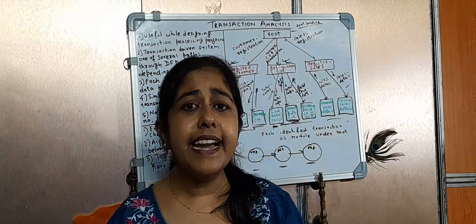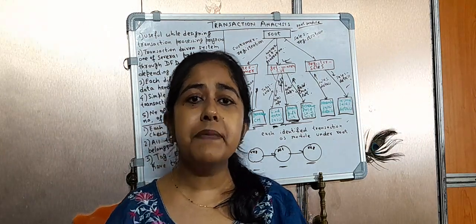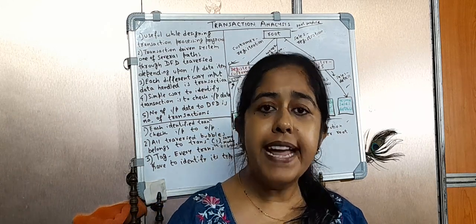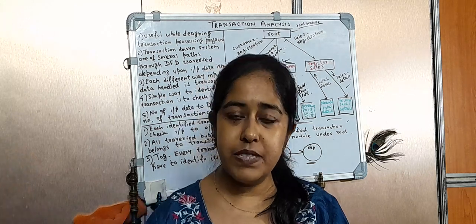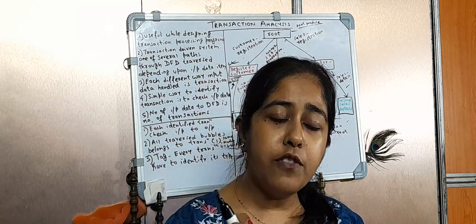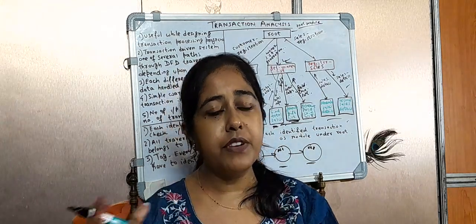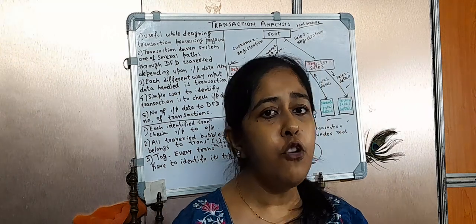In any kind of transaction processing system, you can first of all identify the inputs, and with that input data you can easily make your different transactions. But you have to always keep in mind that for every transaction, the input data will be the main thing to follow.